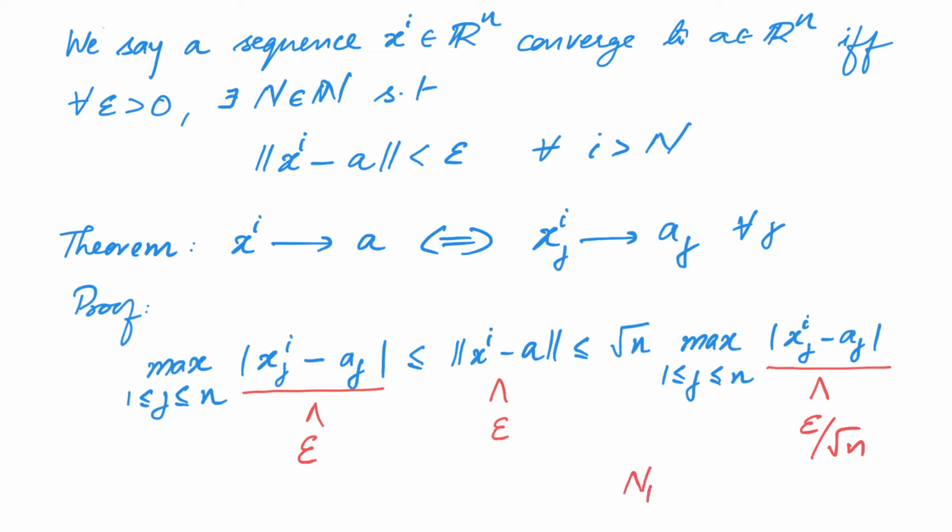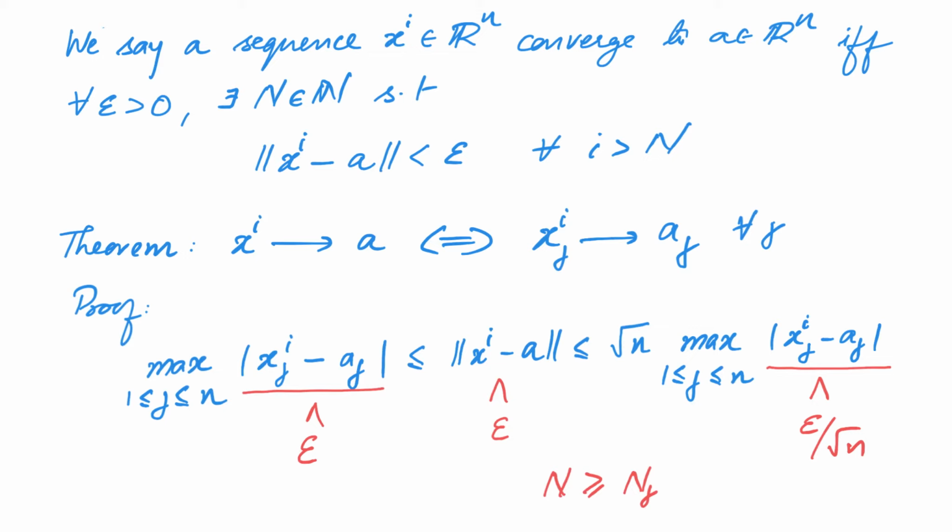Actually, we will get an nj for each j such that whenever i is greater than nj, mod of xij minus aj is less than epsilon by root n. And we need to take an n that's greater than or equal to all these nj's. In other words, we are going to take n to be equal to maximum of all these nj's. If you take such an n, then mod of xij minus aj will be less than epsilon by root n for all j.